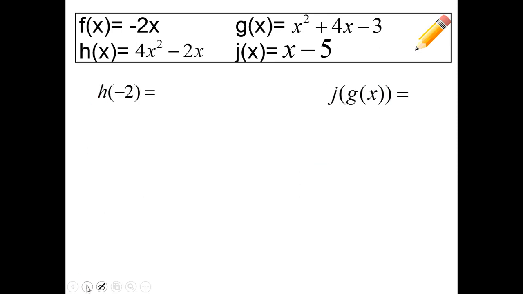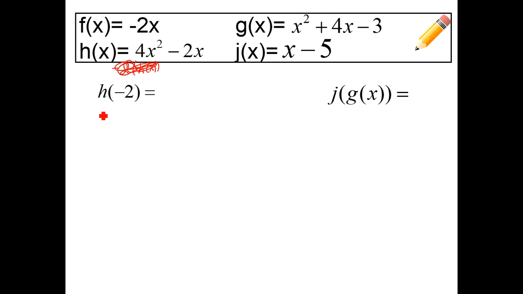Okay, a couple more. Let's remember what h of negative 2 means. This is a situation where I'm not multiplying h times negative 2. If I needed to do that, it would look like this: negative 2 times h of x. This one is asking me to do that whole substitution.